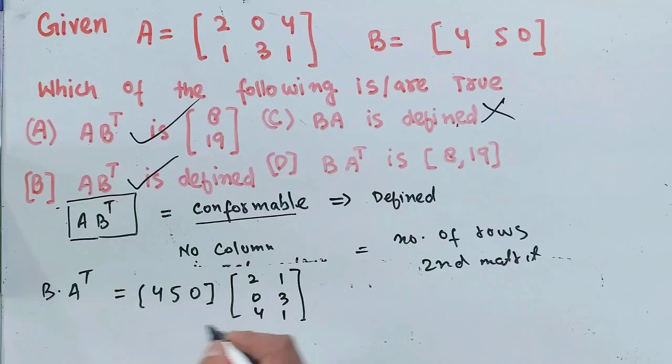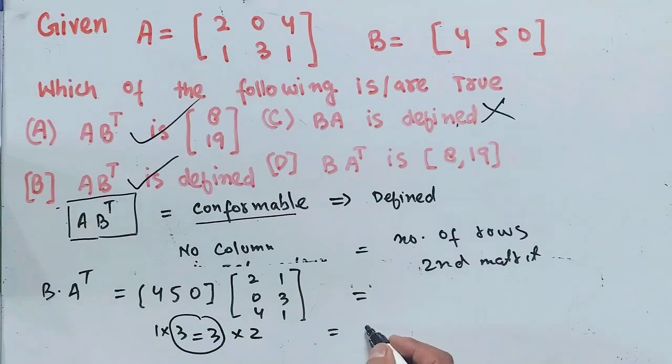Let us see the conformability. The number of columns in the first matrix is 3 and the number of rows in the second matrix is 3. That means we can do the multiplication. The order is 1 into 3 times 3 into 2, so the order of the new matrix will be 1 into 2. That means we will have 1 row and 2 columns.